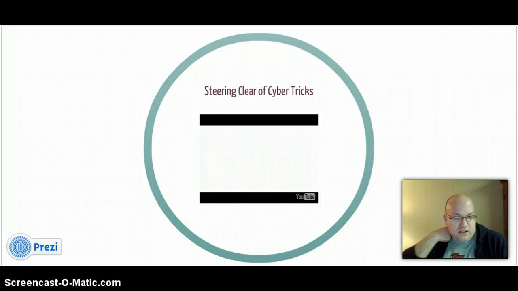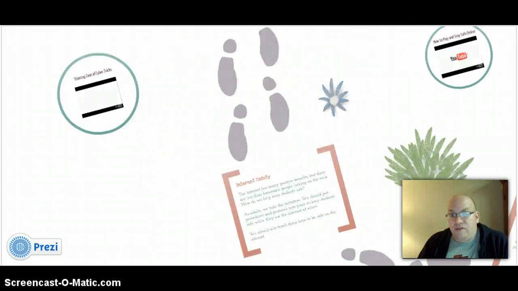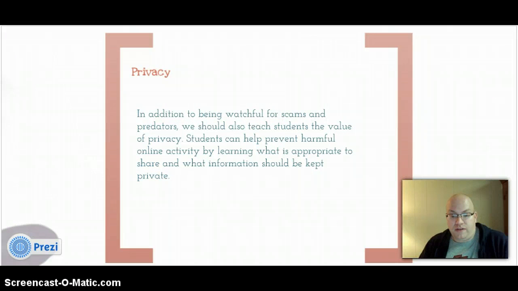So students also need to learn what is and is not safe to share online, which brings us to student privacy. In addition to being watchful for scams and predators, we should also teach students the value of privacy. In the digital age, we're encouraged by places like Facebook and Twitter and who knows what else, the new thing in websites, to share, and I think there's a lot of oversharing that takes place.